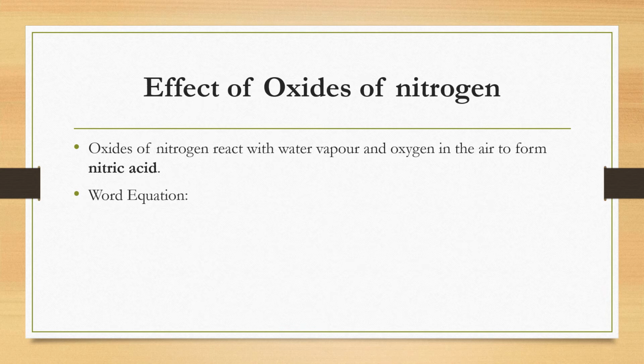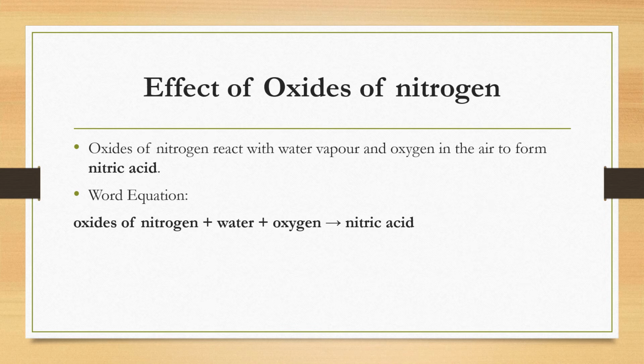Similarly to sulfur dioxide, oxides of nitrogen also cause acid rain. Oxides of nitrogen react with water vapor and oxygen in the air to form nitric acid. Can you give the word equation for this reaction?